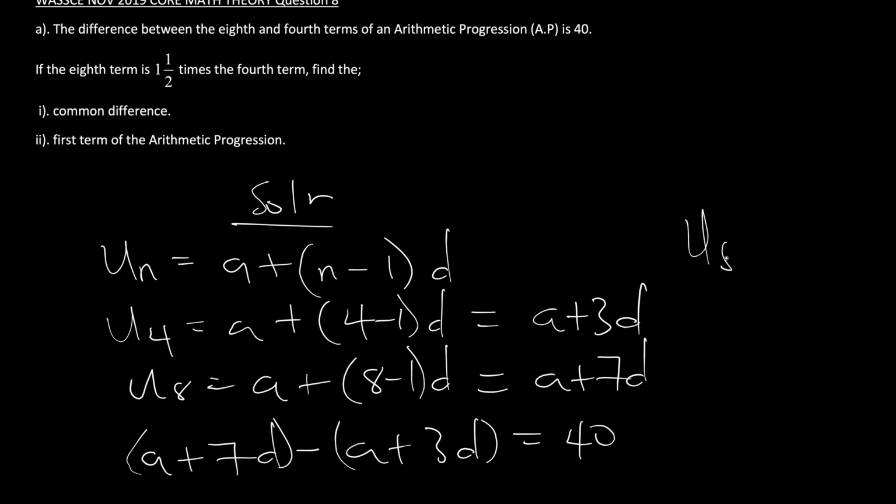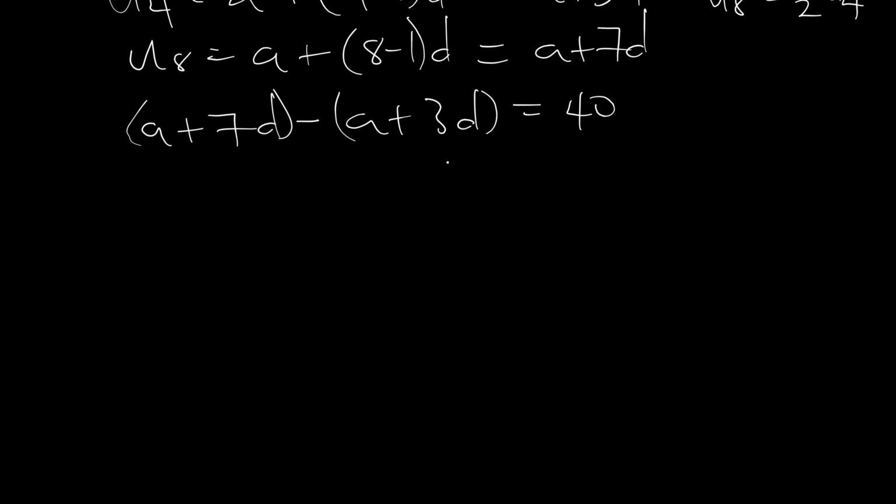So u8 is equal to 1 and 1 over 2 u4, and this is u8 is equal to 3 over 2 u4. So from here, from equation 1, let this be equation 2.